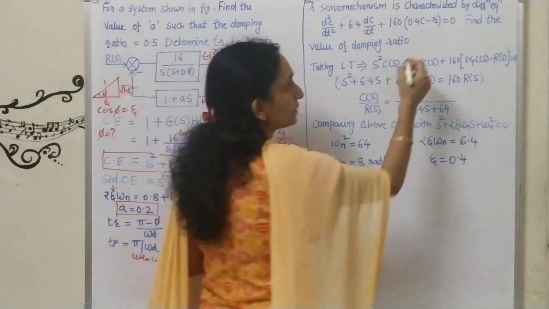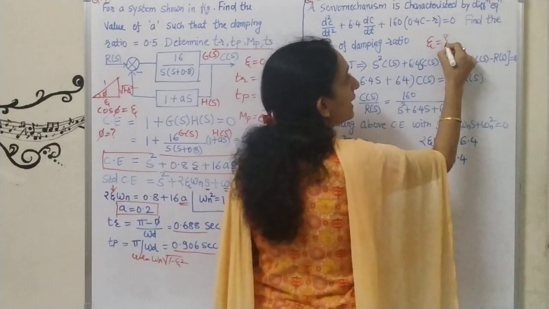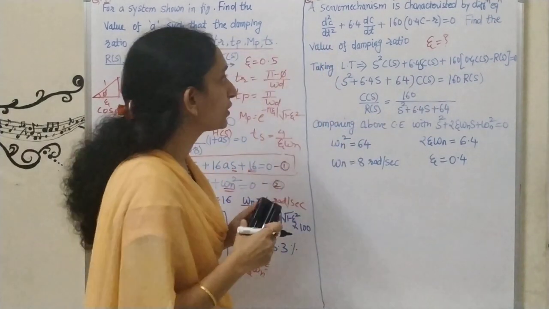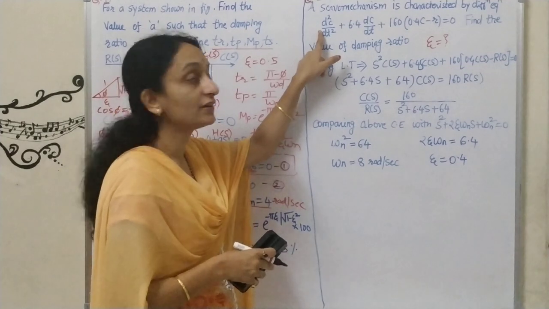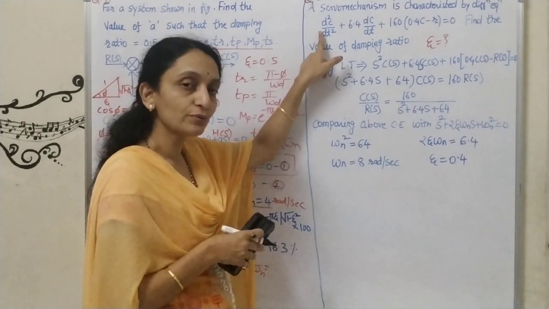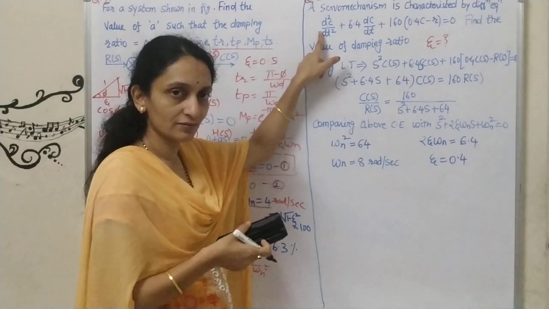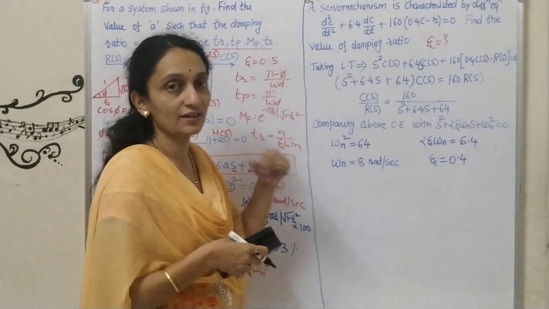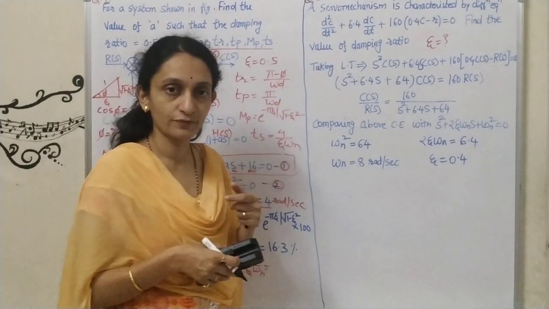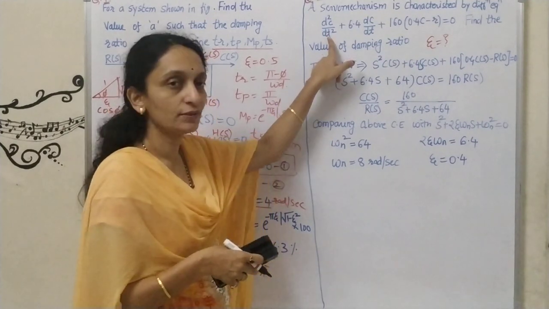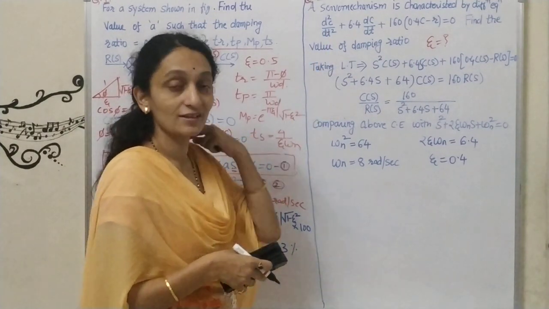So what do you need to calculate? You have to calculate only the damping ratio. Here the output equation is given in differential form. To compare any equation with the standard characteristic equation, we need to take the Laplace transform. This is in time domain form, we need the S form, that is Laplace form.